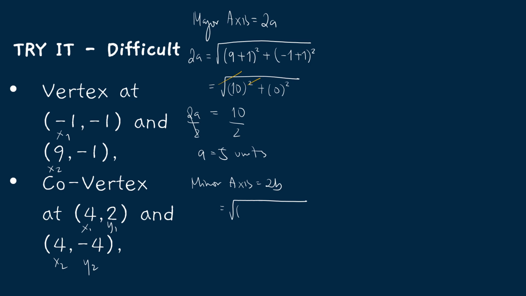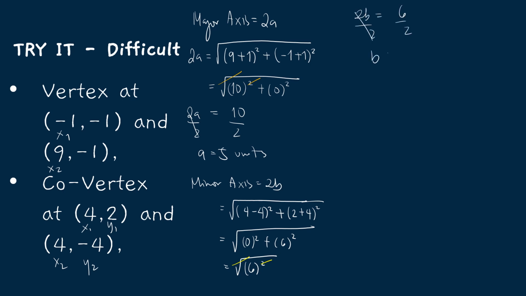So we have 4 minus 4 squared plus, I will write 2 this time, plus 4, so that it becomes positive, so that it is 0 squared plus 6 squared, and that results into 6 squared. Cancel out the square, and it will result into 2b equal to 6, and dividing both sides by 2, your value of b is equal to 3 units.